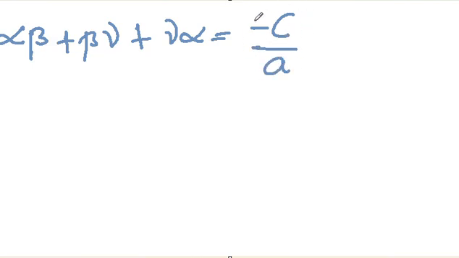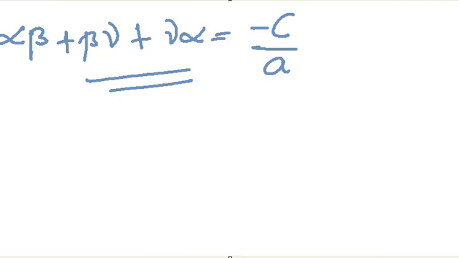Here c is the coefficient of x and a is the coefficient of x cube. This is the formula for the relationship between 3 different zeros and the coefficients of a cubic polynomial.